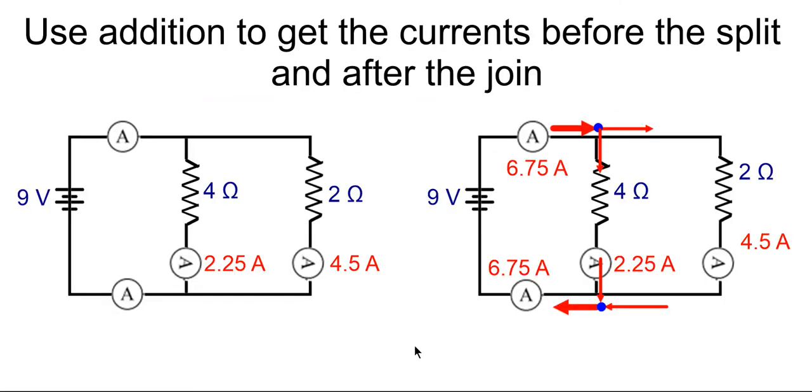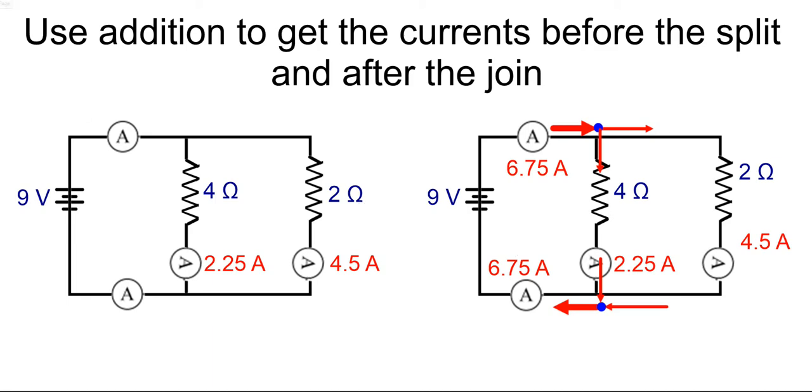So there you go. We have 2.25 amps here and 4.5 amps there. Now, don't these two add up to join to here to get 6.75? They do. This and that join, 6.75. Up here, we have 6.75 that splits into 2.25 and 4.5. So we can get these last two, the outsides, by using your splits and joins.